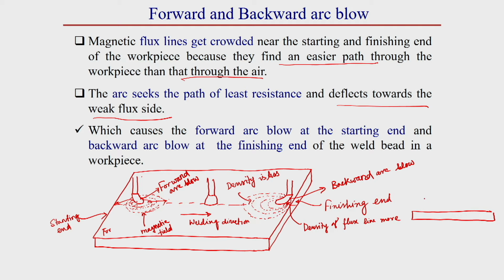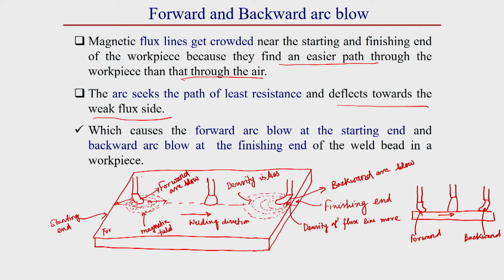Generally if you see the side view, at the starting end we get an arc which looks like this, at the finishing end we get an arc which looks like this, and in the middle region we get an arc which looks like this. So, the starting end arc is deflected, the finishing end arc is also deflected, but in between the arc is not deflected. So this is forward arc blow and this is generally called backward arc blow.